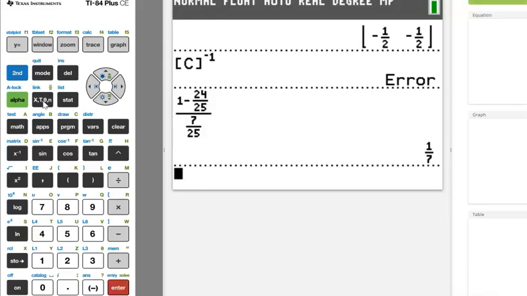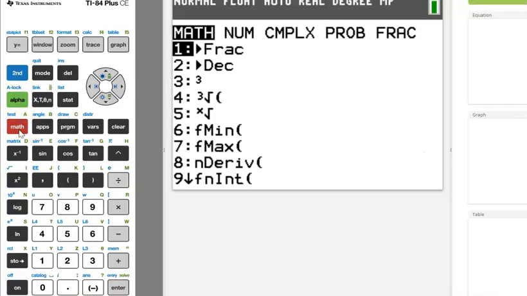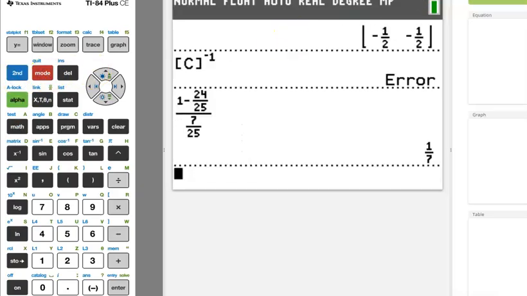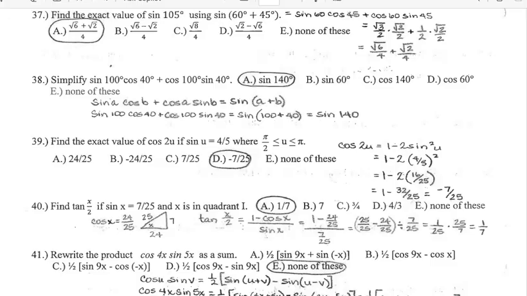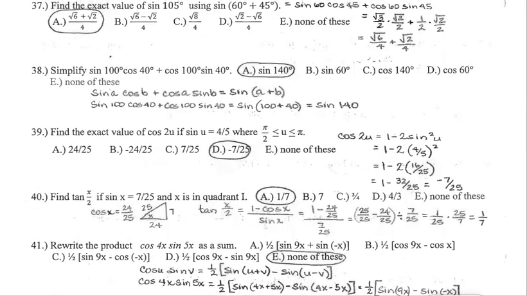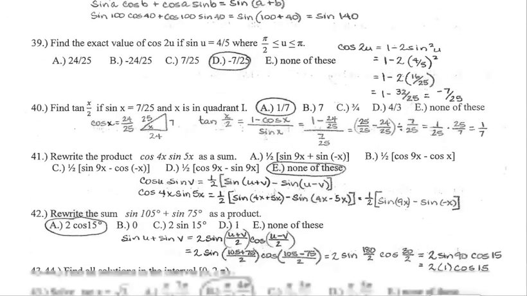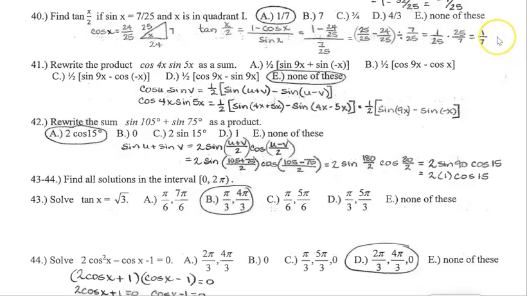All right, and if it had given me a decimal as my answer, I would just go to math, and this very first option up here changes it to a fraction, but it did give me that fraction value. Okay, so again, I worked it out by hand, but you definitely can let your calculator do those tedious computations for you, as we just saw.